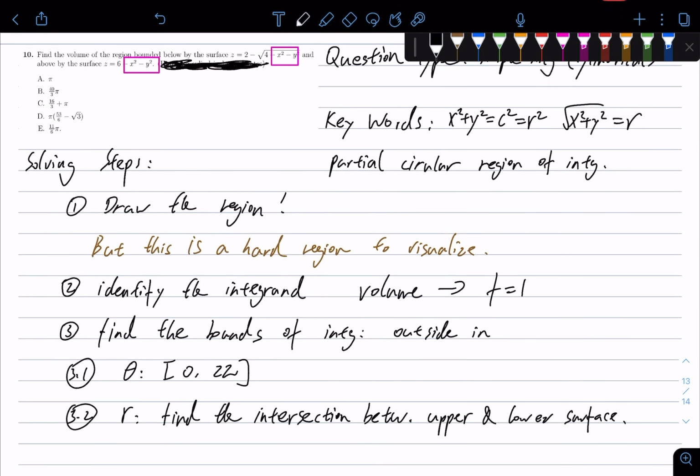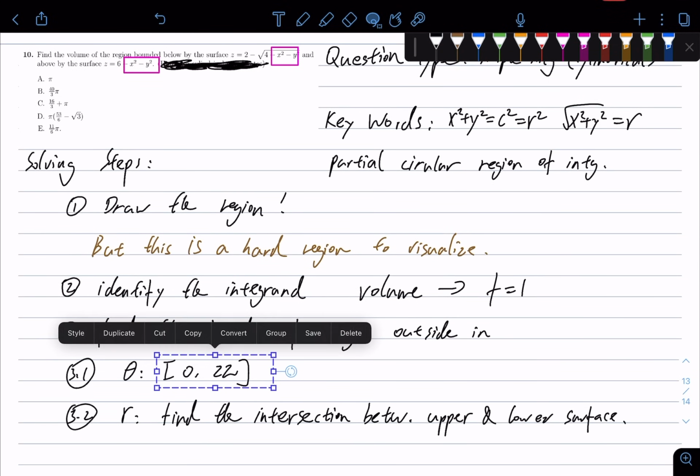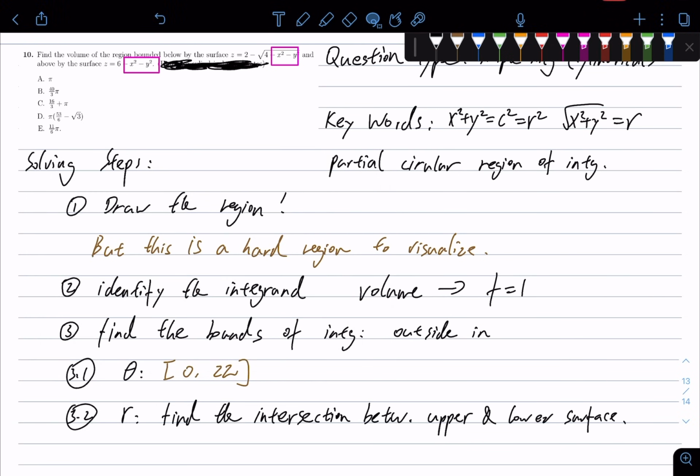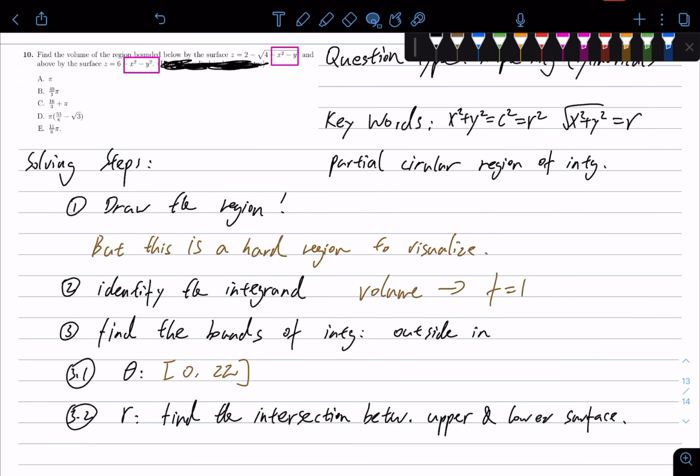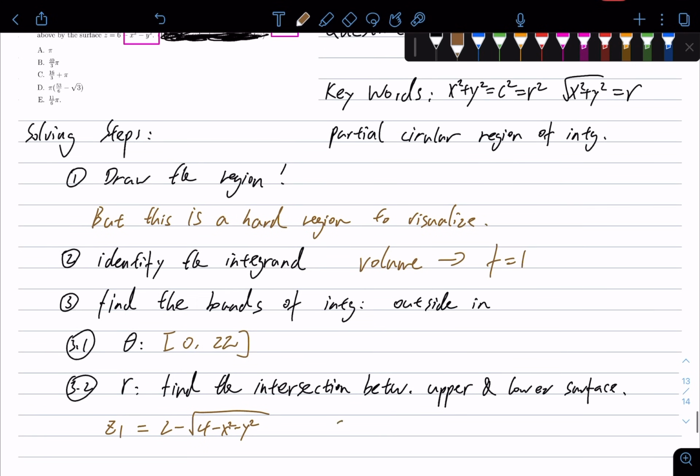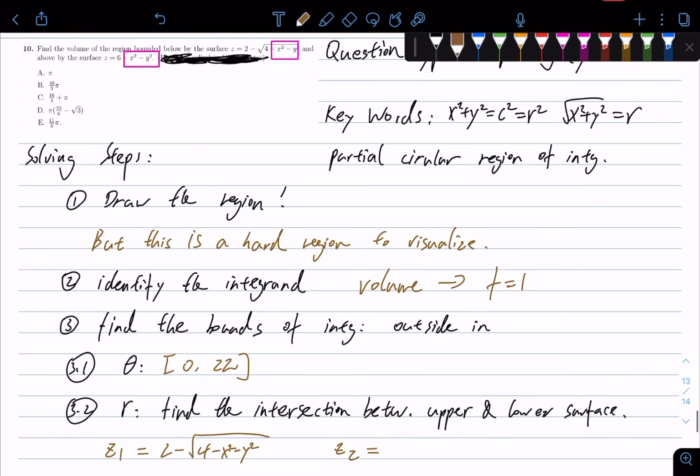So z1 equals 2 minus the square root of 4 minus x squared minus y squared. And then z2 equals 6 minus x squared minus y squared.